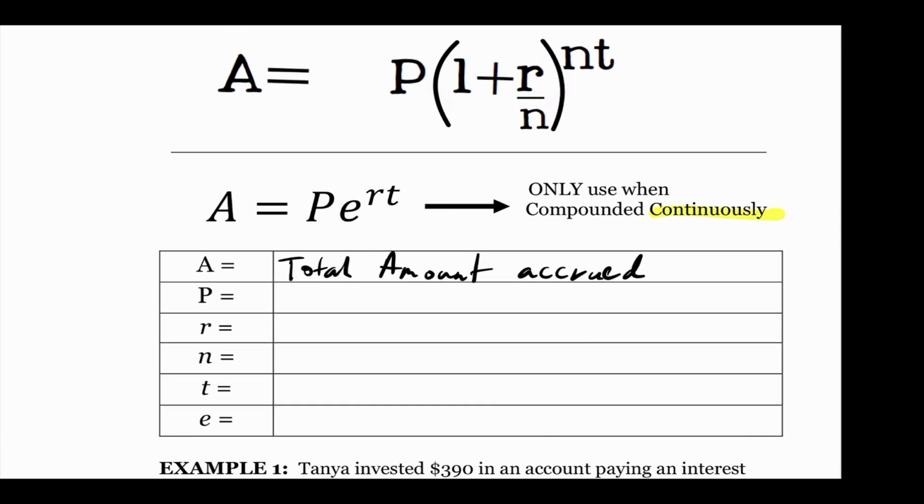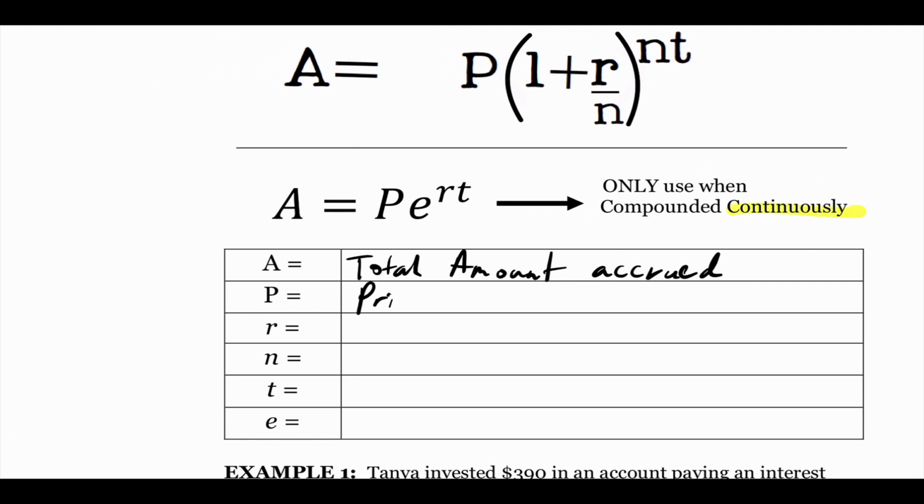Capital P. Capital P is principal. Not like the principal of a school, but like principal money. What is principal money? If I'm a business, I need principal. Especially if I'm a new business, right? If I open a restaurant, I need principal to start the job.